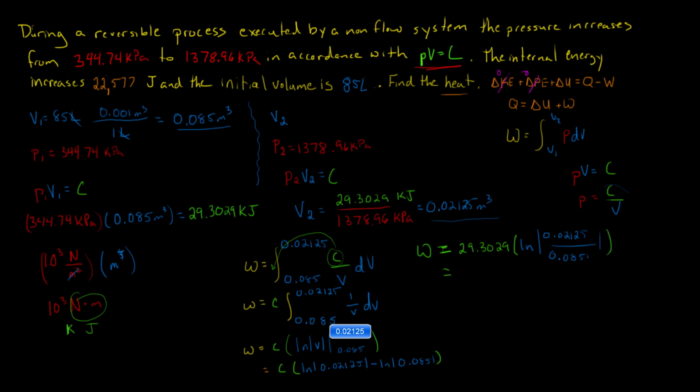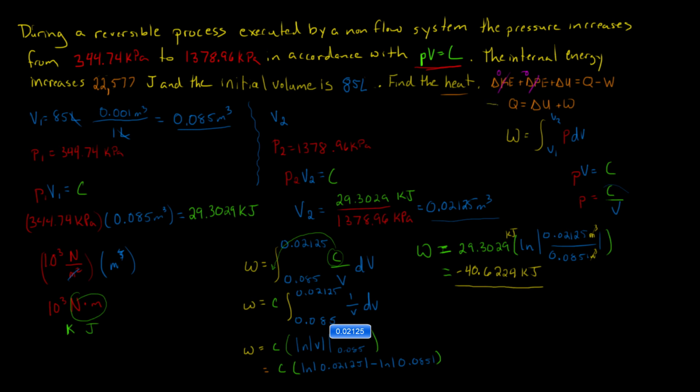And this can be evaluated numerically, and when we do that, we get that our work is equal to minus 40.6224 kilojoules. Right here, this has a unit of kilojoules, this has meters cubed. These cancel out and we're left with kilojoules. So our work right now is minus 40.6224 kilojoules.